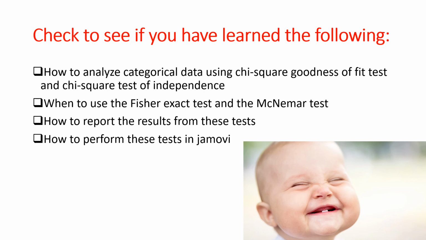Also, if the assumptions of the chi-square test are not met, then you need other tests such as the Fisher test and McNemar test. You need to be able to know when to use these types of tests. You need to be able to report the tests from these results and also perform these tests in jamovi.